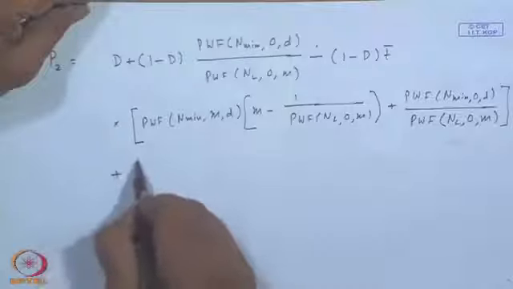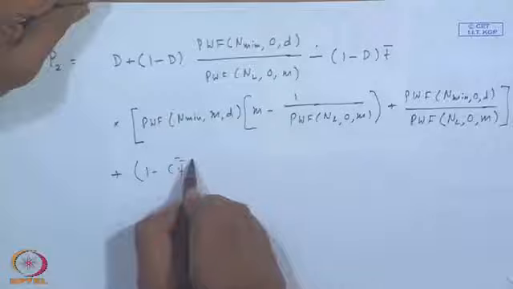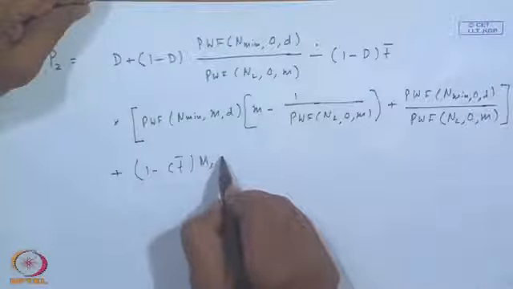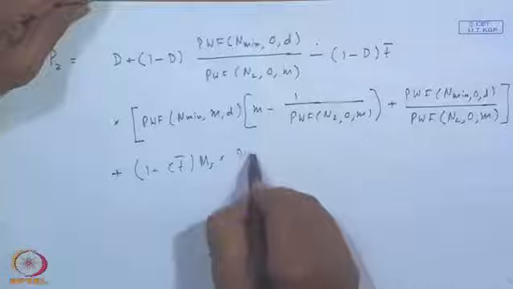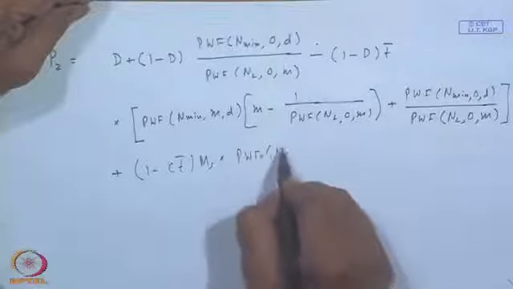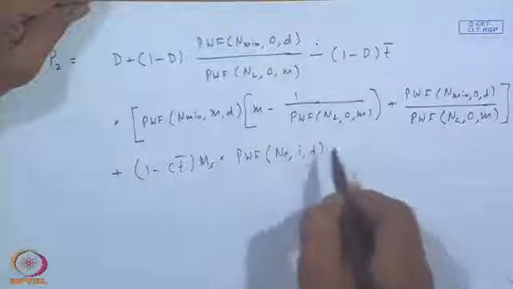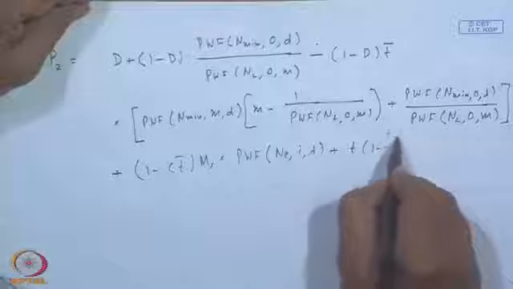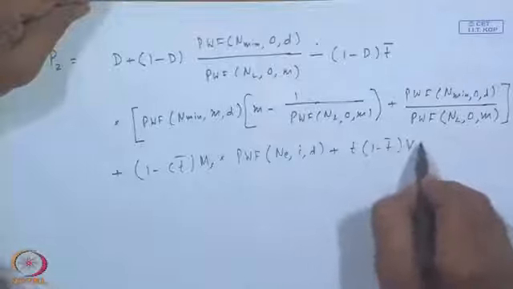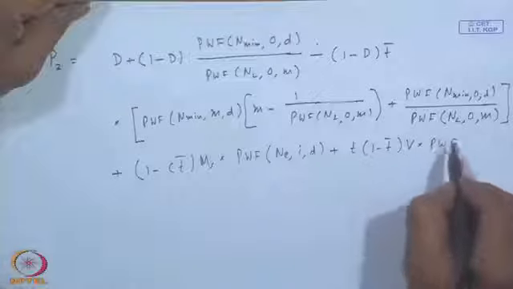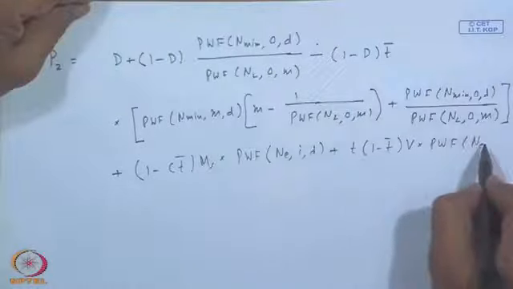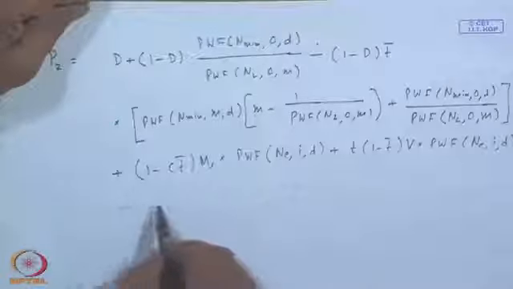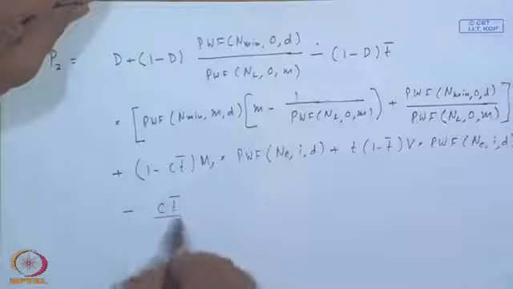Plus 1 minus C t bar times M S into present worth factor of N E I, d, plus T, not T bar, 1 minus T bar times V into present worth factor of N E I comma d, minus C T bar.